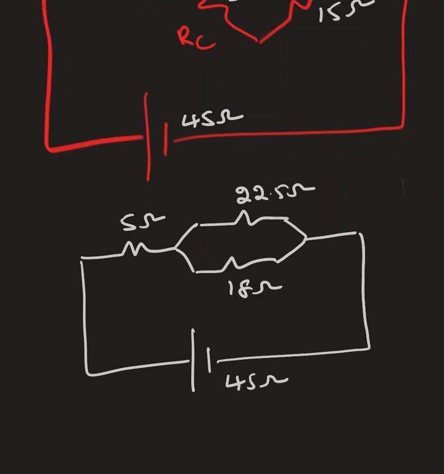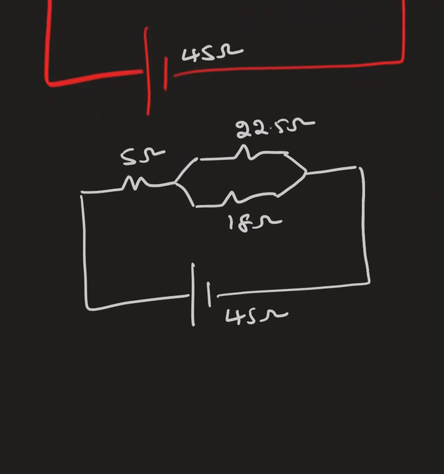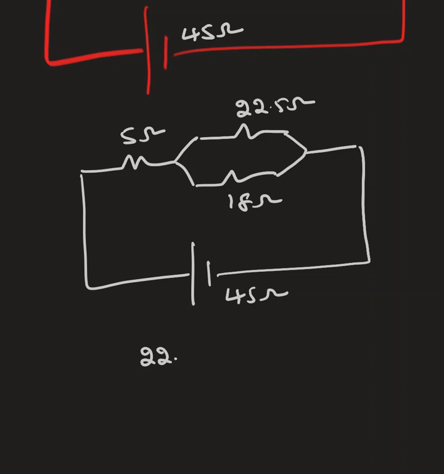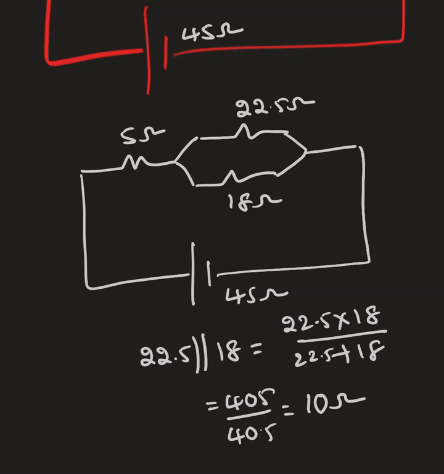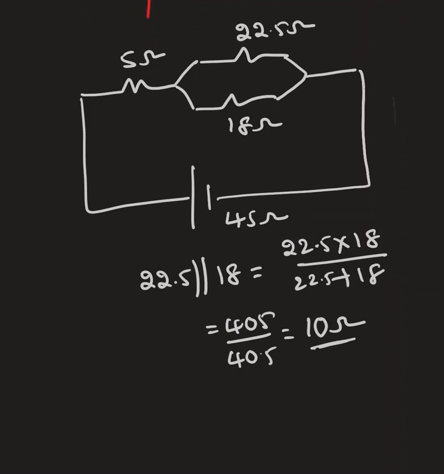Now I can clearly see from this circuit that 22.5 ohm is parallel with 18 ohm. So the parallel combination is 22.5 times 18 divided by 22.5 plus 18. That value is 10 ohms.